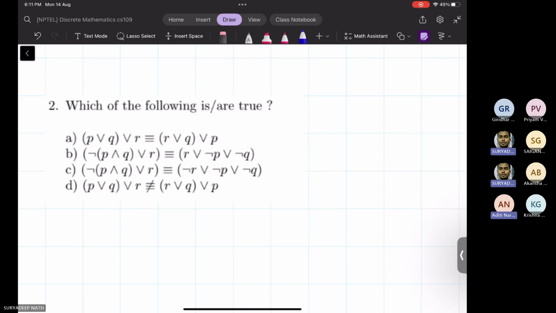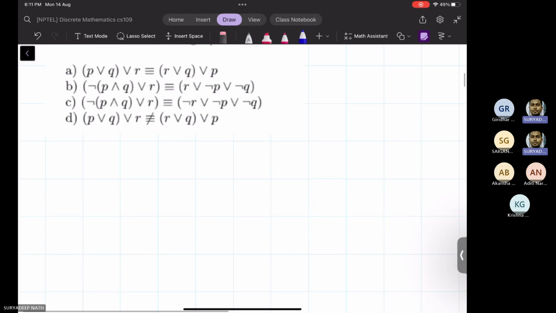I think A, B, and D are correct. Can you repeat once again? Yes, sir. A, B, and D. Okay, let us check A, B, and D. Can you give your reasoning why A, B, and D are correct? By Venn diagram.